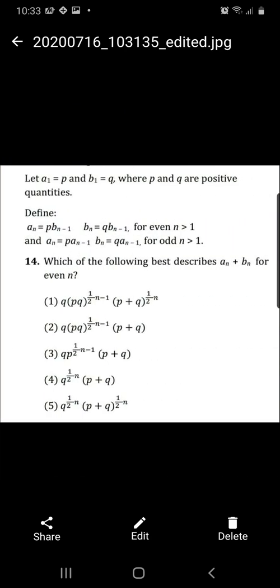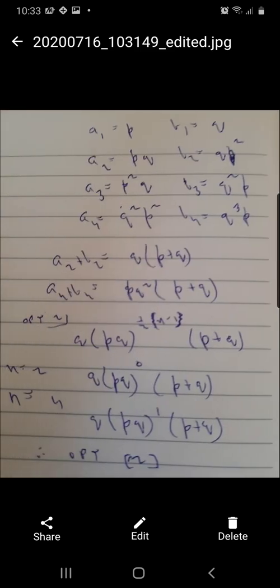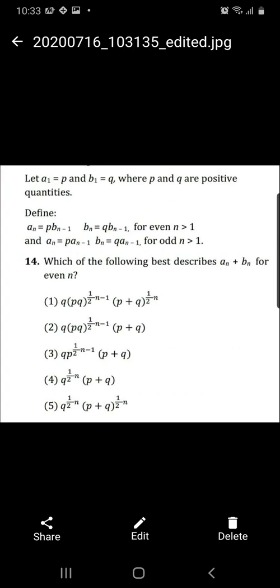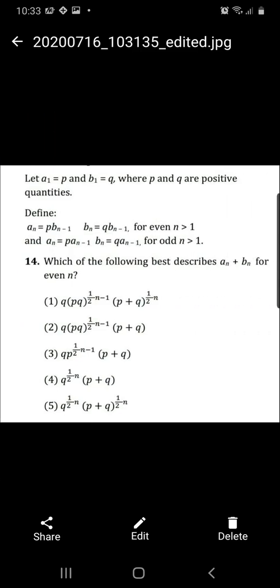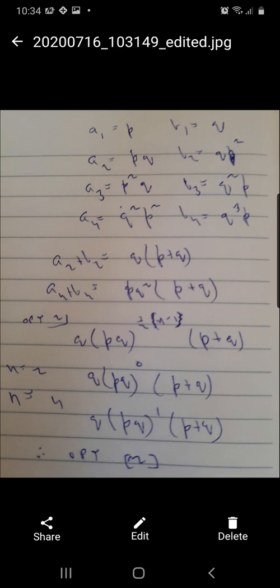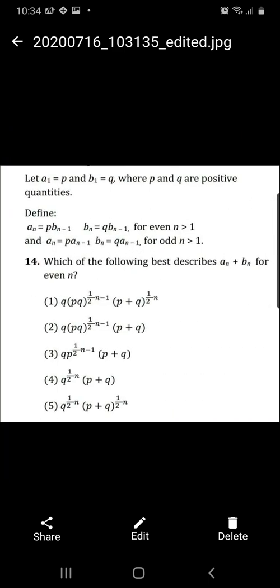Now A4 will again be P B3. So A4 is P into Q square P, that is P square Q square, and B4 will be Q B3, because n is even.